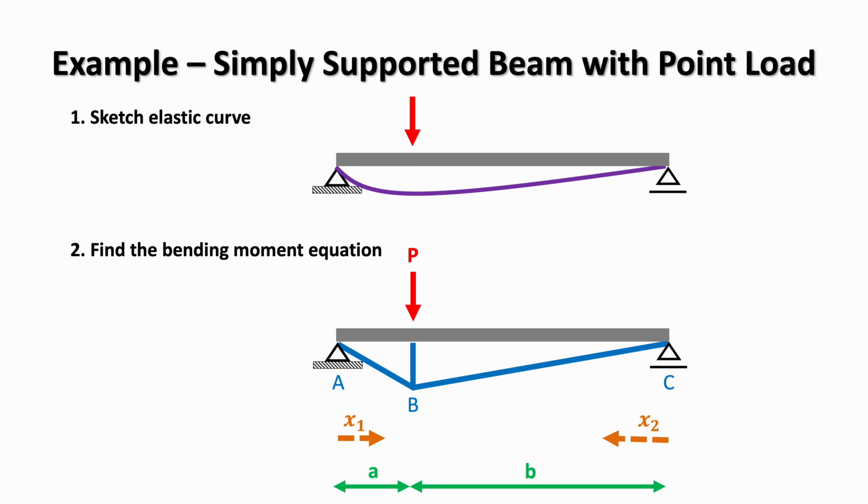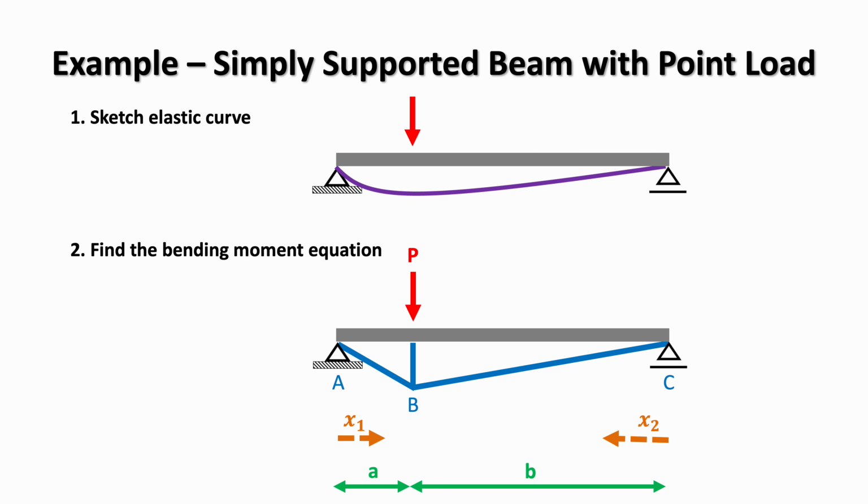First, we sketch the expected elastic curve based on the support conditions and the applied point load. The beam is simply supported, so the deflection is 0 at both supports, and the deflected shape is smooth and continuous. Because the load is discontinuous, however, the bending moment changes form at the point load, and the beam is divided into two regions. At this stage, we also define the coordinate system carefully.